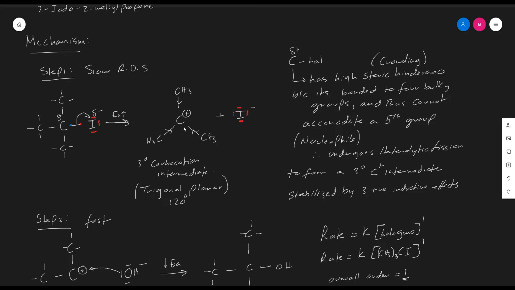In this case, this is the most stable type of carbocation intermediate, although all carbocations are considered unstable, but this is the most stable one. Still, the formation of a tertiary carbocation requires somewhat high activation energy, and thus at a specific temperature this would be the slow step because it requires a lot of energy to be formed.